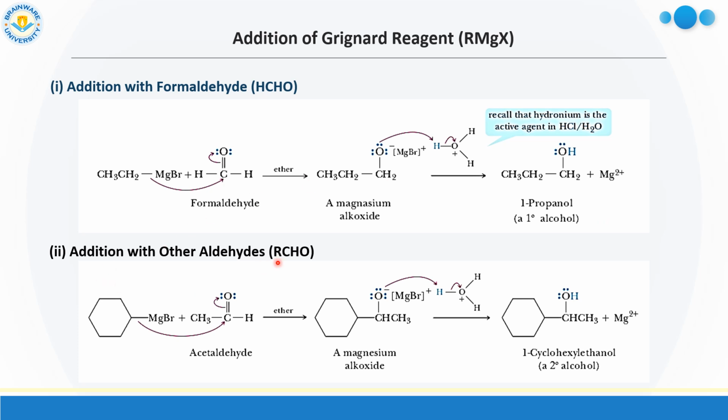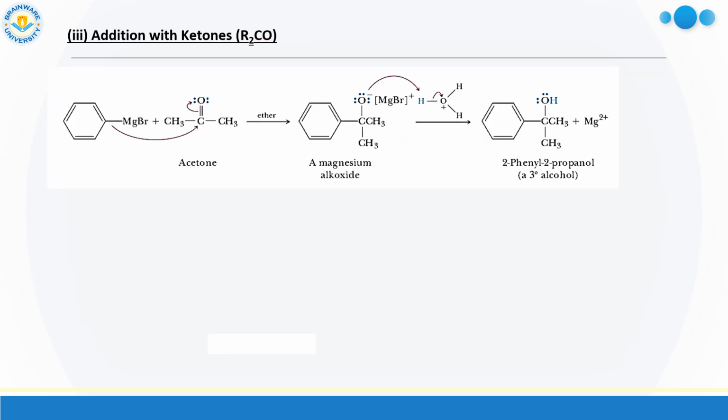Next is aldehyde. Aldehyde also gives a similar reaction, and after workup a secondary alcohol is formed. Now the next one is addition with ketone. The carbonyl group has carbon atoms on both sides.